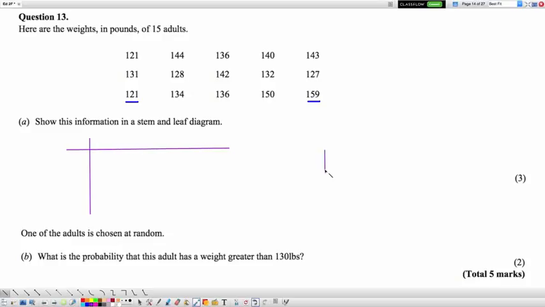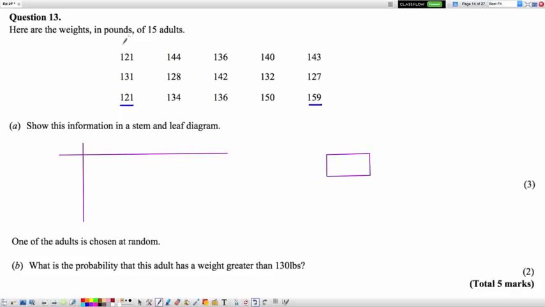And then again over here, we're going to make a box for our key. So the smallest number is 121. So the first part of our stem will be 12, and then the 1 goes in the leaf part here to the right.